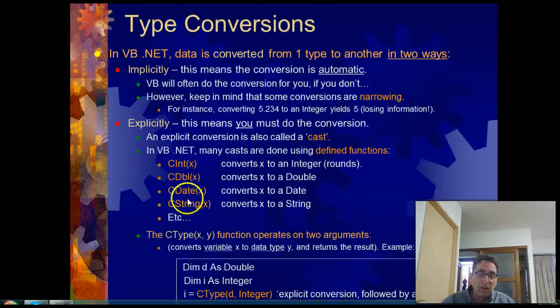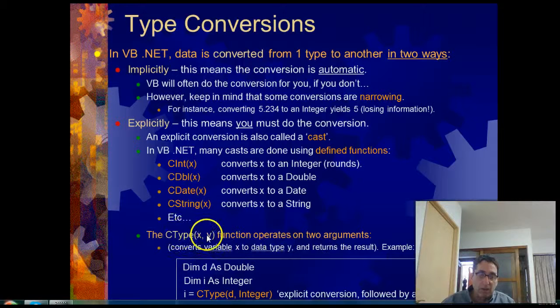So we see these functions, and this is a kind of general form. The CType function operates on two arguments, converts a variable to a data type.